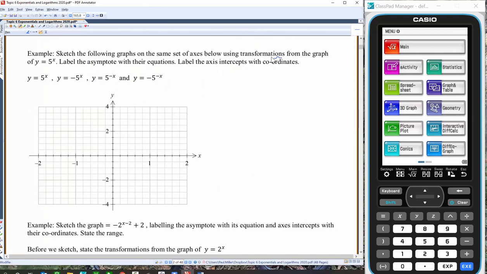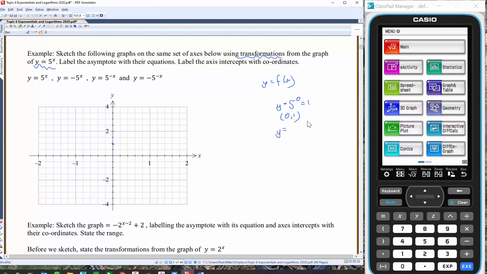Okay, so we've got some transformations going on here, considering the graph of y equals 5 to the x. So y equals f of x. Let's sketch f of x first of all. So y equals 5 to the 0, which is 1. So when x is 0, y is 1. There's our y-intercept.